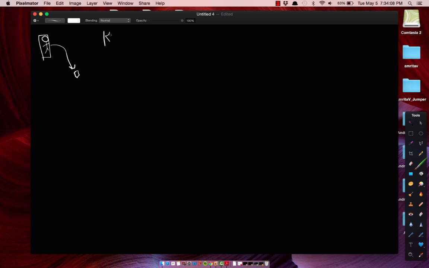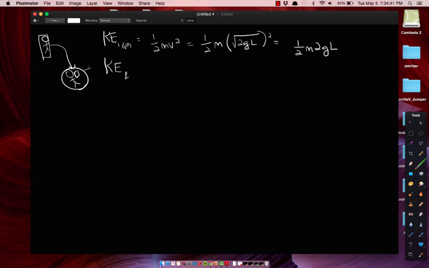So the initial kinetic energy of the person is equal to 1/2 mv squared. We're going to use that same v from part A, so it's equal to 1/2 m times root 2gl squared, which is equal to 1/2 m 2gl. Now, the final kinetic energy is the kinetic energy of this and this together when they're moving together.